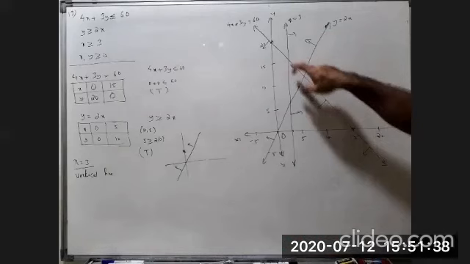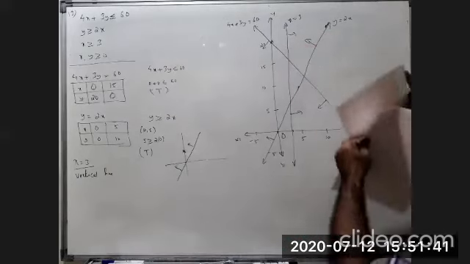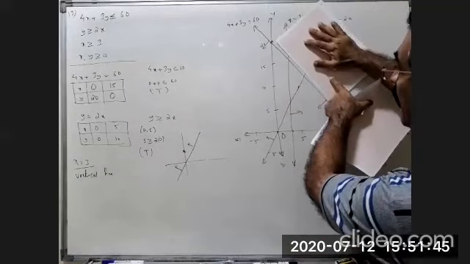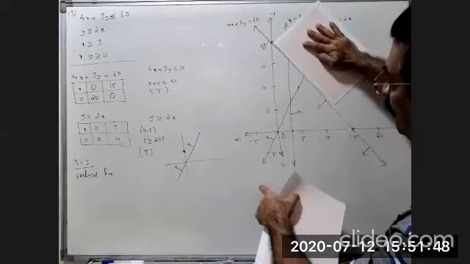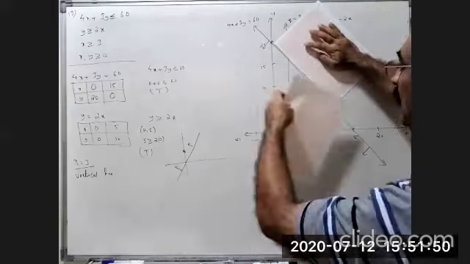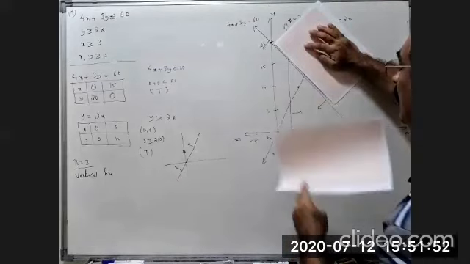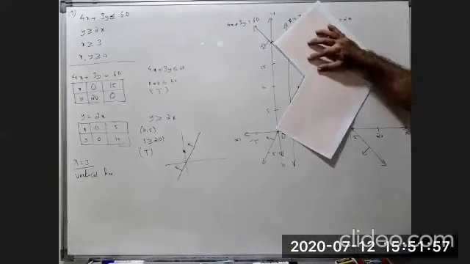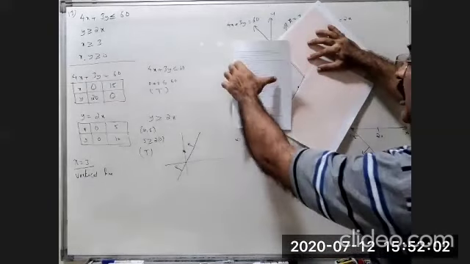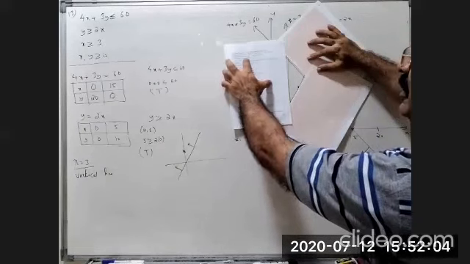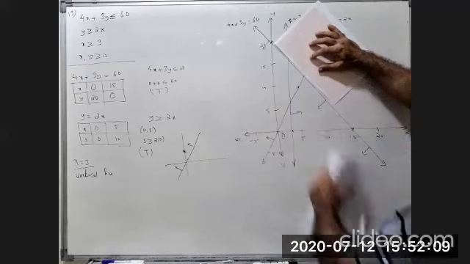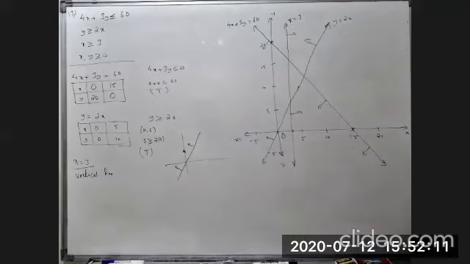First one, this line we shaded towards the origin, so I remove the unwanted area. Second one, this line passing through the origin, that side is the required one. So again I remove this unwanted area. Then this vertical line, the required area is towards the right. So I remove the unwanted area. You can see the exposed area, which is in the shape of a triangle.